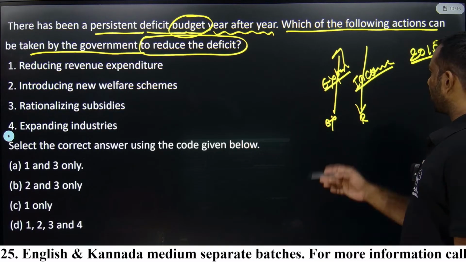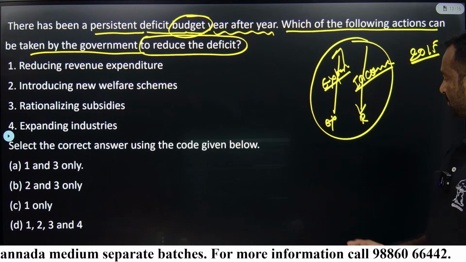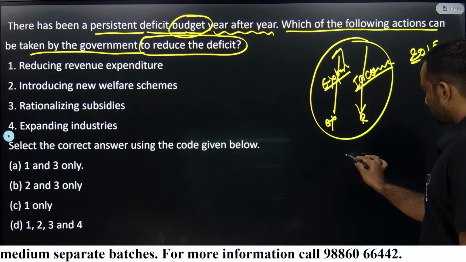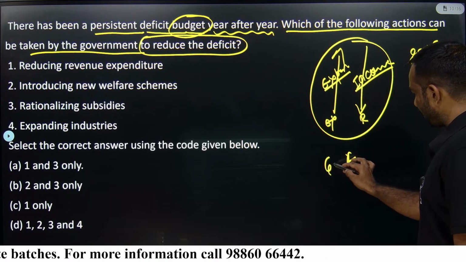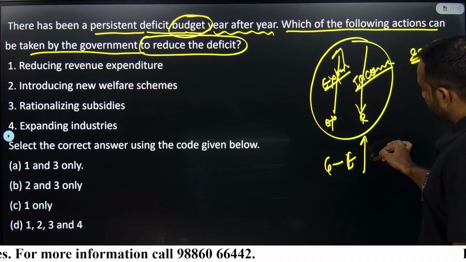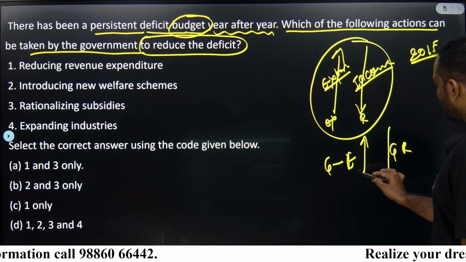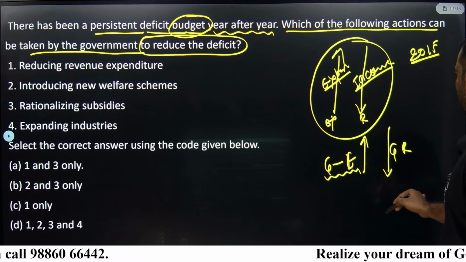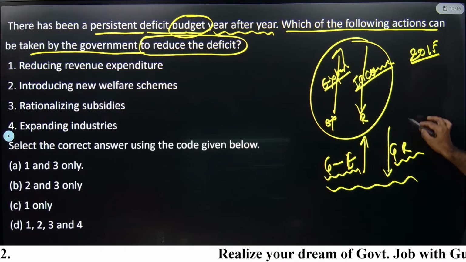And one more meaning of the deficit is that the government expenditure is higher than the government income or government receipts. So this is what shows the deficit.